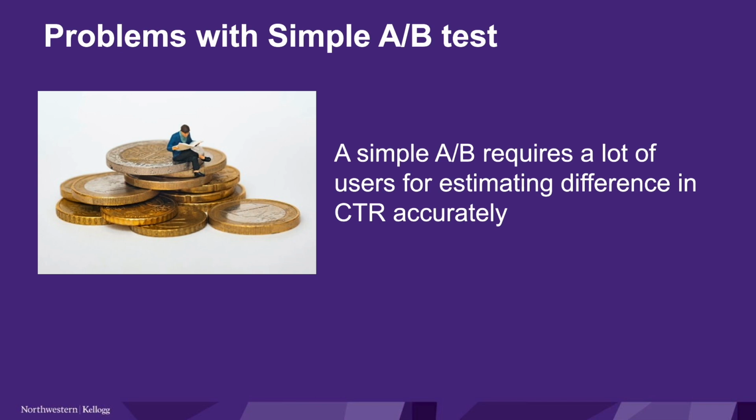But everything is okay with this simple A/B test, so what's the problem? The problem is that it requires a lot of users to visit the website before you can measure this difference in click-through rates accurately. That leads to a lot of cost, and hence it is not desirable from Netflix's perspective.